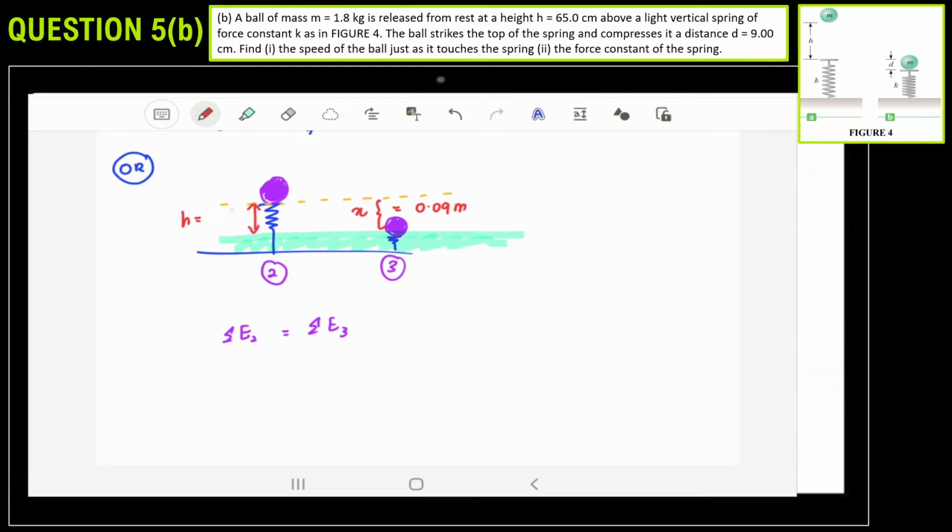Okay, H is equal to 0.09 meter. Alright, so kat mana dia mula? Bola dekat sini, dan dekat mana dia akhir? So saya ambil ini sebagai our reference level. Okay, so yang bawah ini saya akan ignore.